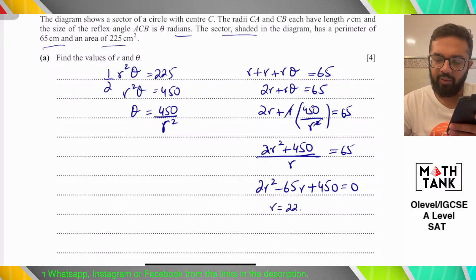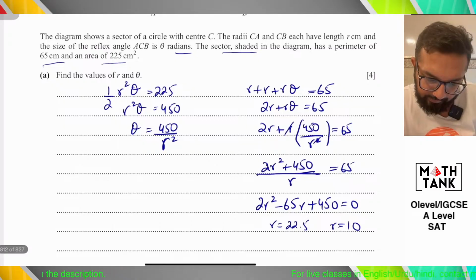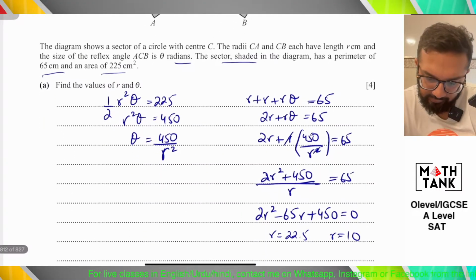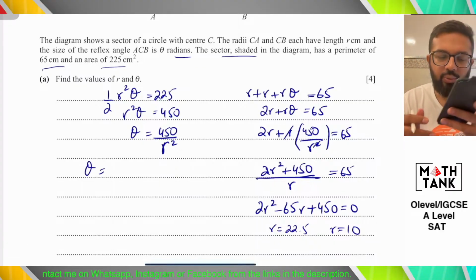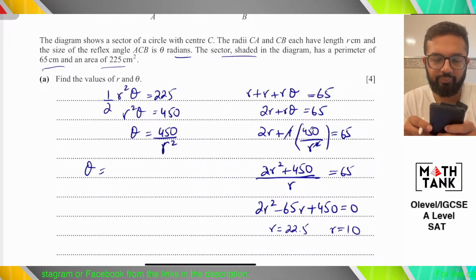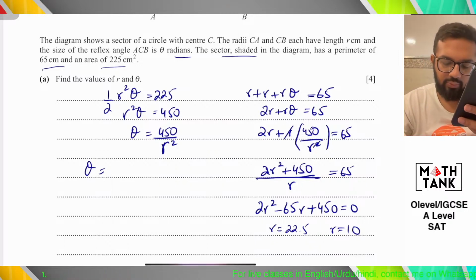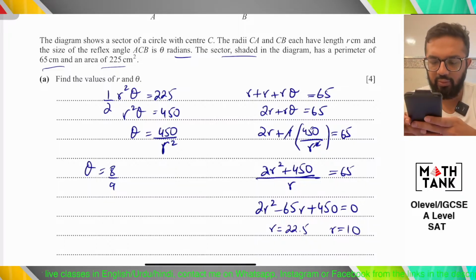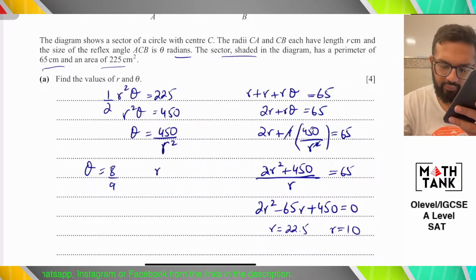R is either 22.5 or 10. Okay, if r is 22.5, theta is 8 over 9. 450 divided by 10 square is 4.5. Okay, this sounds more reasonable.